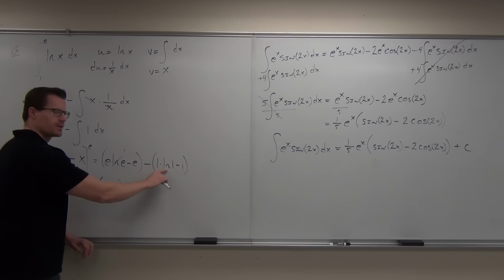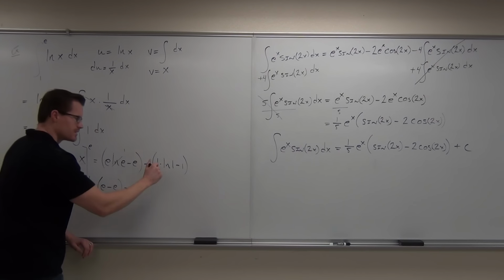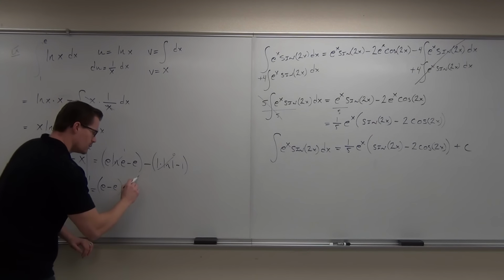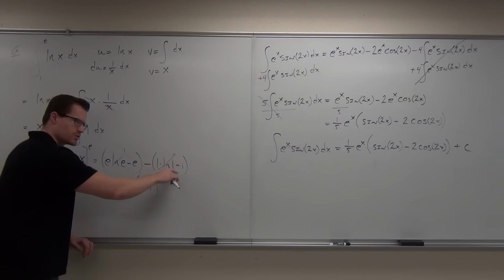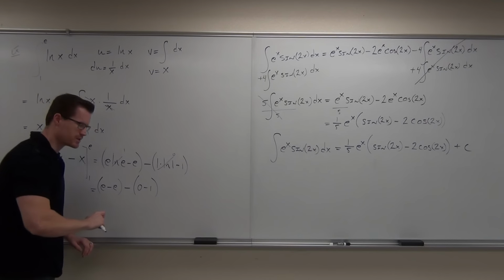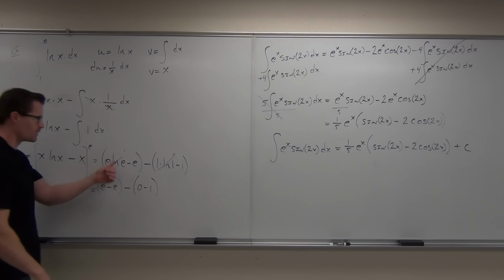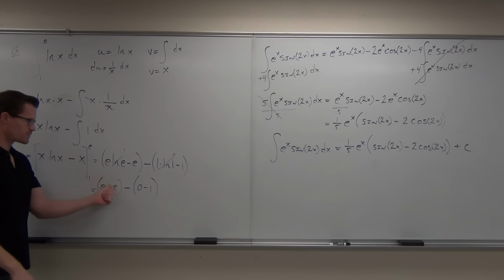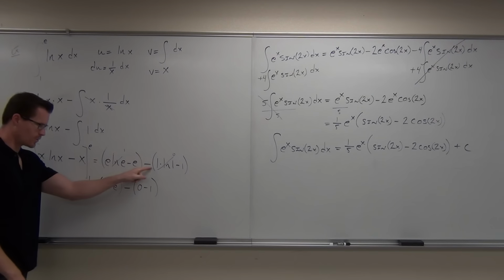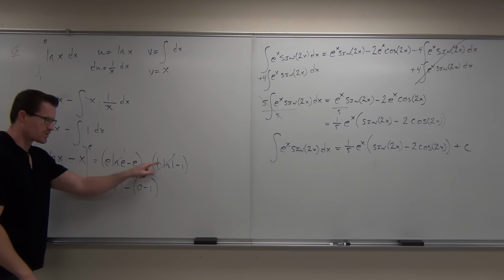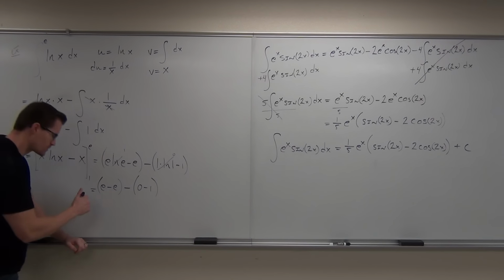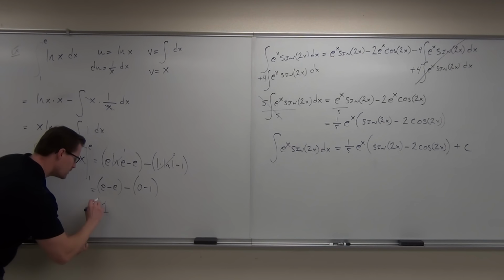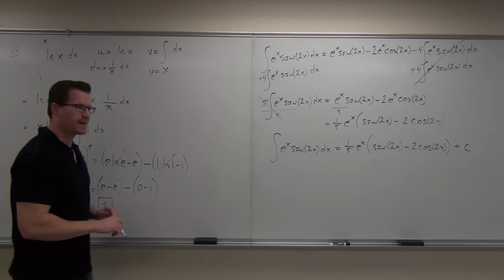Okay, how about ln 1? This is 0. 0 minus 1. That's still there. You don't just get zeros everywhere when you plug in 0, or when you get 1 times 0. So this is 1. e times 1 is e minus e. Okay, big ol' minus. ln 1 is 0. So 1 times 0 is 0 minus 1. How much is this whole thing? 1. It's 1.